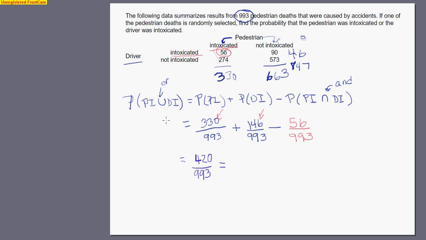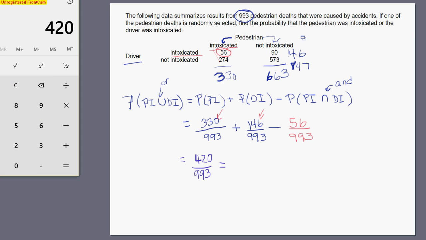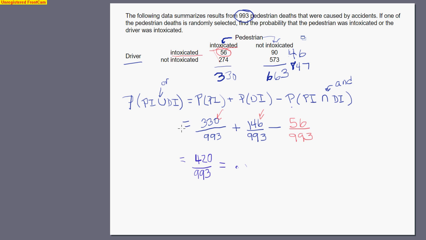In decimal form, 420 divided by 993 equals 0.423. So approximately 42% of the time, either the pedestrian or the driver was intoxicated. So that's the actual formula.